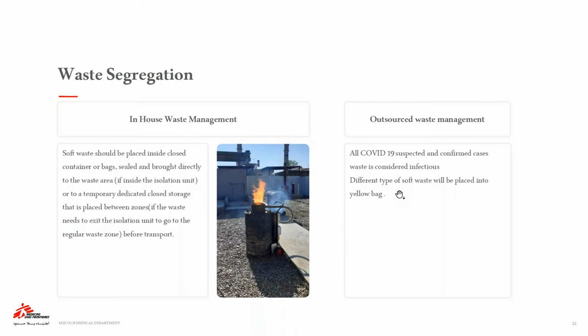While for an outsourced waste management company, all COVID waste for suspected or confirmed cases is considered infectious. So all this waste will go into yellow medical waste bags and be sent to the waste holding zone for the company to come and collect it. For example, this is the case of our project in Lebanon.